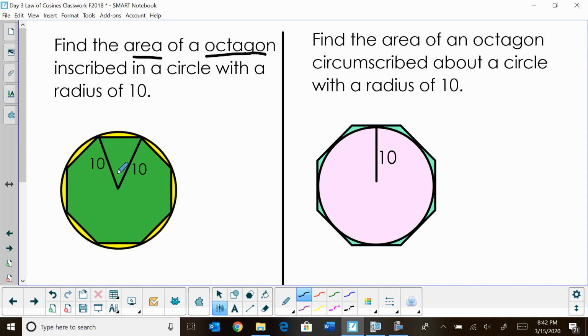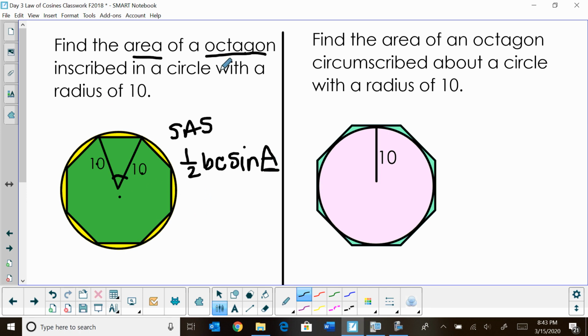We need to find the central angle, so we can use our side angle side situation. Remember, to find the area, we're going to use the sine formula, which is 1/2 BC sine A, where B and C are the adjacent sides to the angle A.